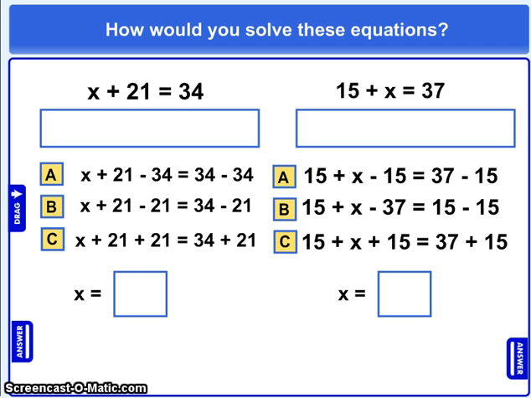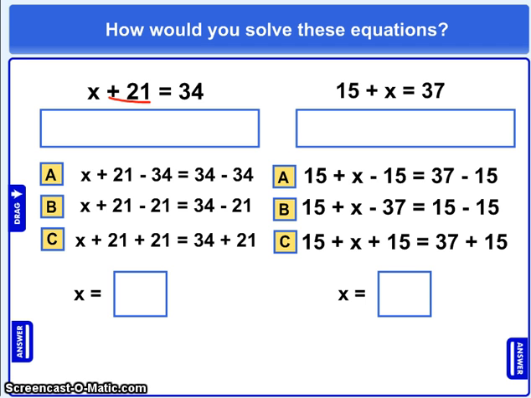How would you solve the first equation? X plus 21 is 34. Again, plus 21 is attached to that variable. We would really like for that variable to be completely alone. So to get rid of a plus 21, you want to think of doing the opposite.